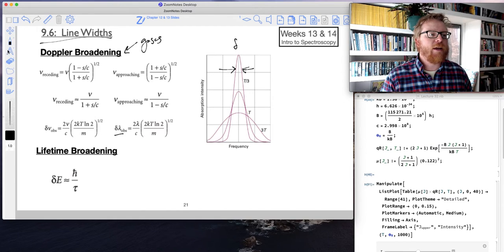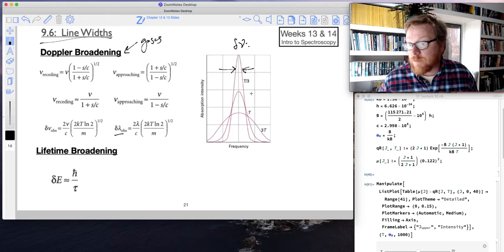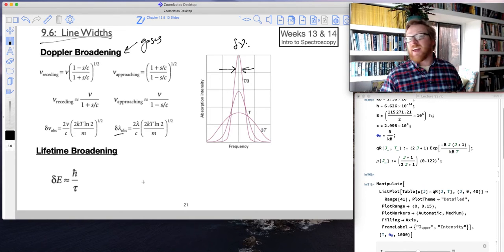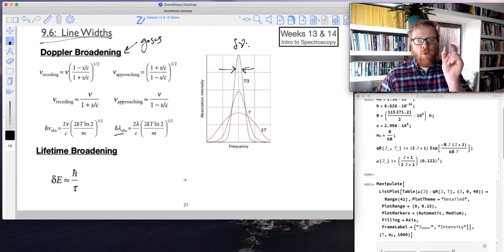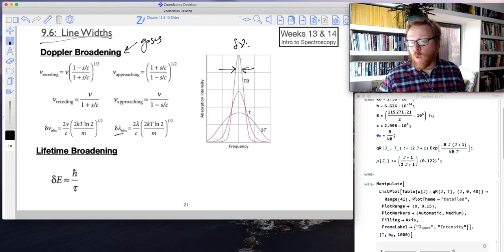But we could think of it as a delta lambda, as a delta frequency, as a delta energy. It's some width of what otherwise would be an infinitely sharp peak.